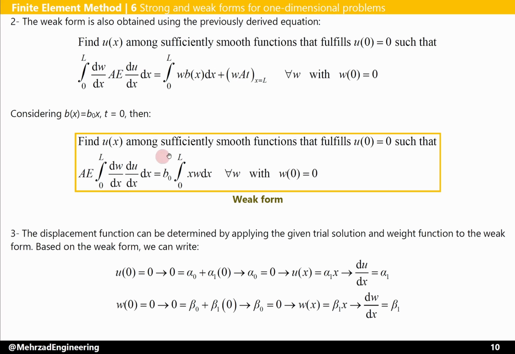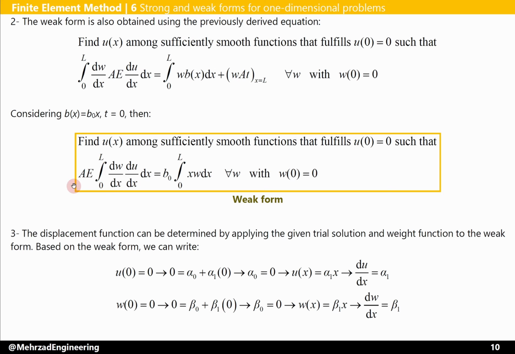Find u of x among sufficiently smooth functions that fulfills u of 0 equal to 0 such that, because A and E are constant, they can be taken out from the integration.